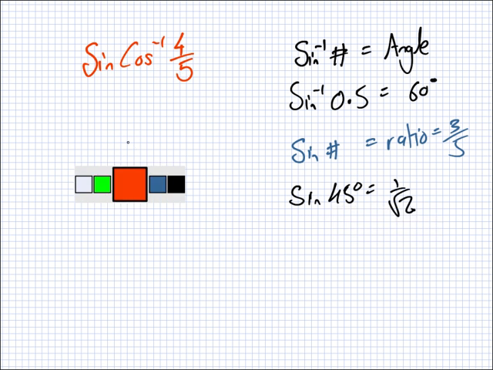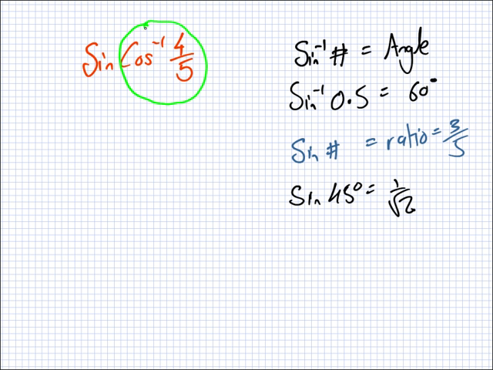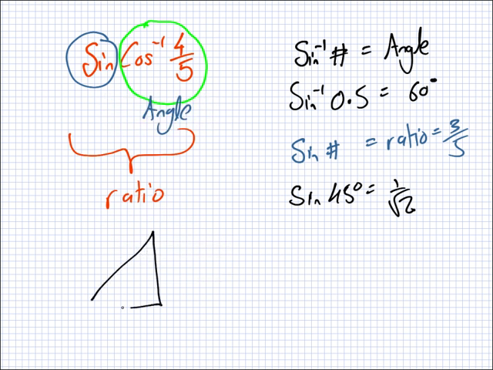So, cos inverse 4 over 5, is that an angle or a ratio? An angle. And then I want the sine of this angle, so altogether it's a ratio. This angle is from this triangle with sides 4 and 5.